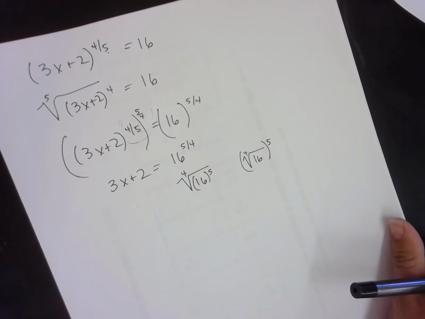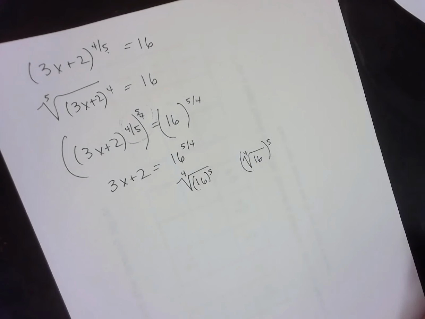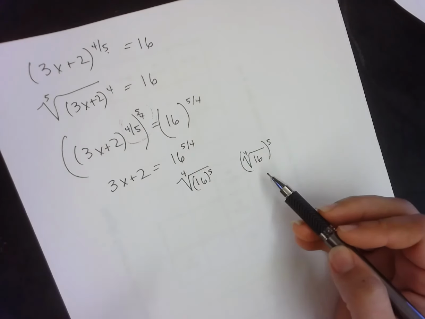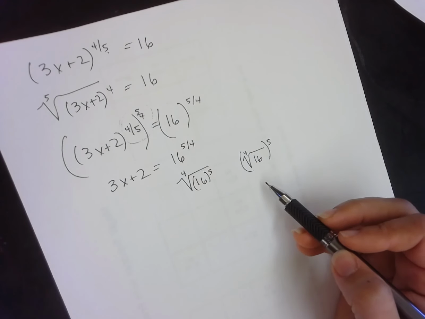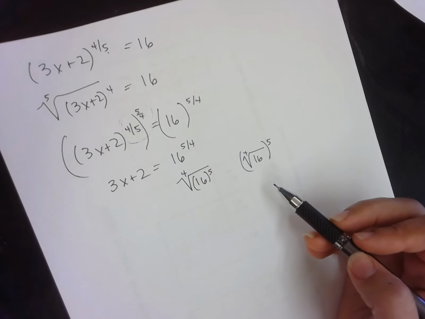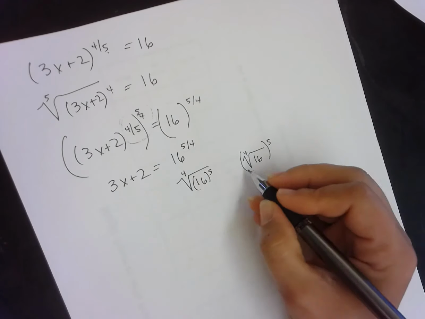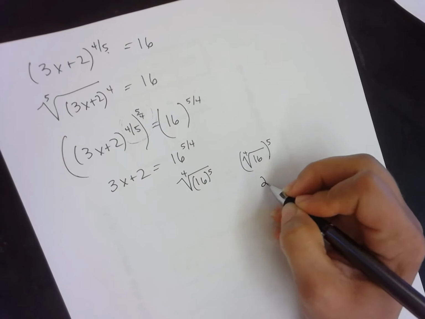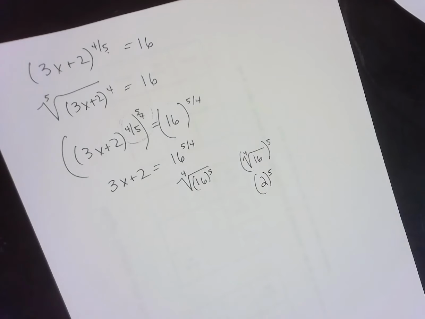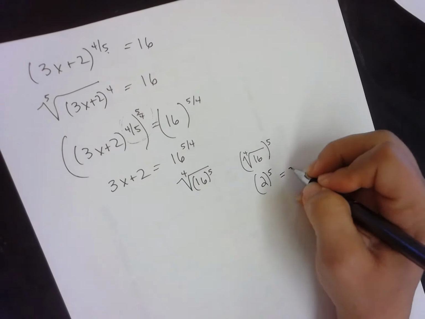16 is a perfect 4th power, because 2 times 2 gives you 4, times 2 is 8, and then times another 2 is 16. So the 4th root of 16 is actually 2, and then I can raise that to the 5th. So 2 to the 4th was 16, so 16 times 2 one more time is 32.